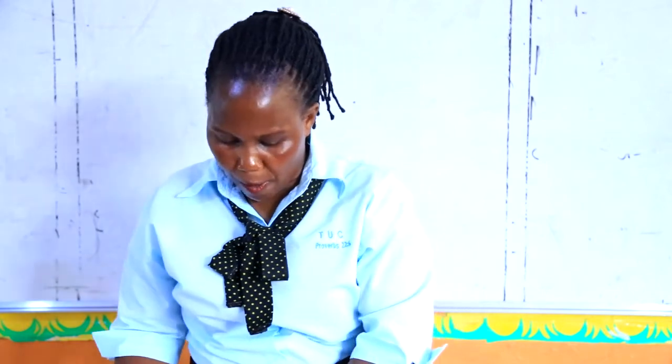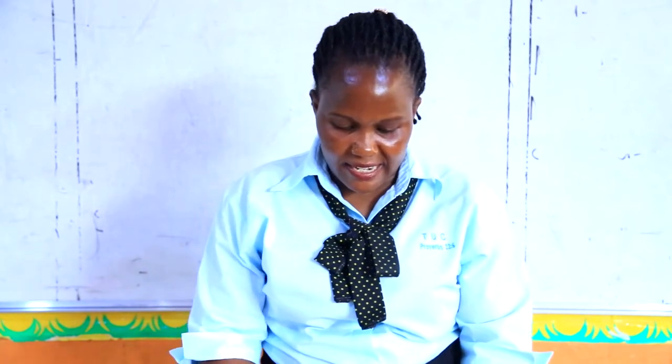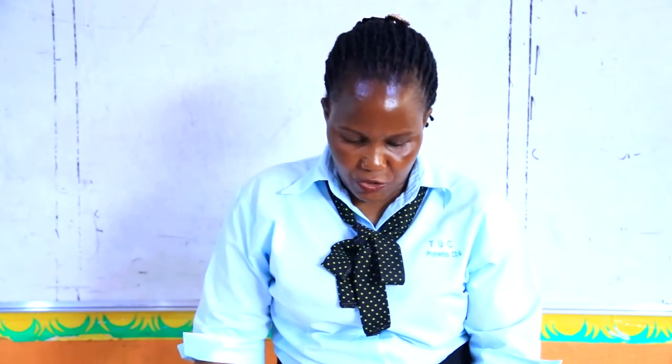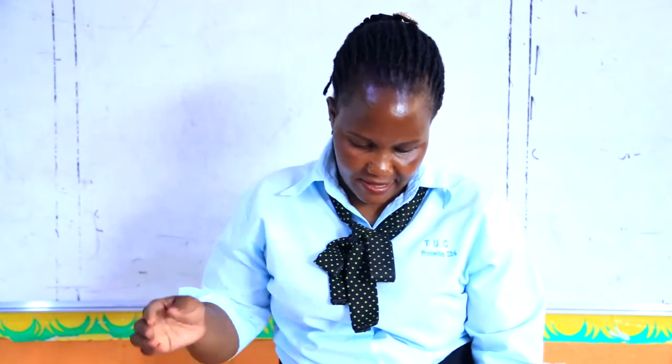Those are the consonant blends. Keep revising them day and night. Then the next activity, they are going to copy and learn these consonant blends. Every day make it a routine so that they can understand these consonant blends.